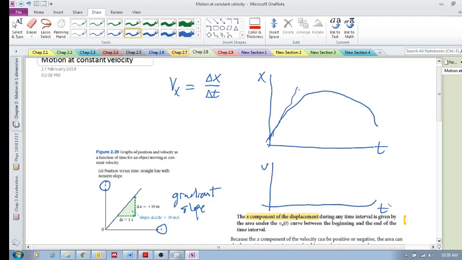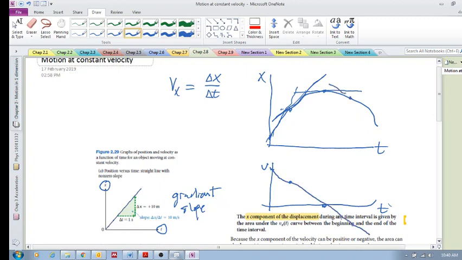The slope is quite positive, so we're going to have a very positive velocity. Let's pick a point there. The slope is positive, but less positive, so at that point we're going to have a velocity that's slightly less. And what's happening at this point? Well, at this point the slope is 0, so our velocity is 0. It looks like the velocity is just decreasing and decreasing.